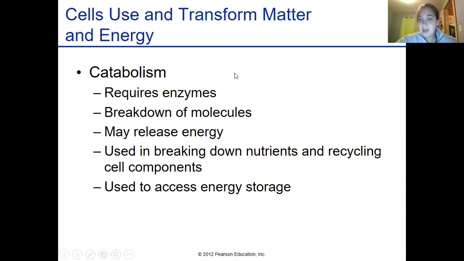Catabolism is the other type of metabolism, and this is going to break down. I always think of C, it's cutting, it's breaking down things. This requires enzymes, and it's going to release energy. So it's breaking down nutrients and then recycling those cell components. It's used to access energy storage.